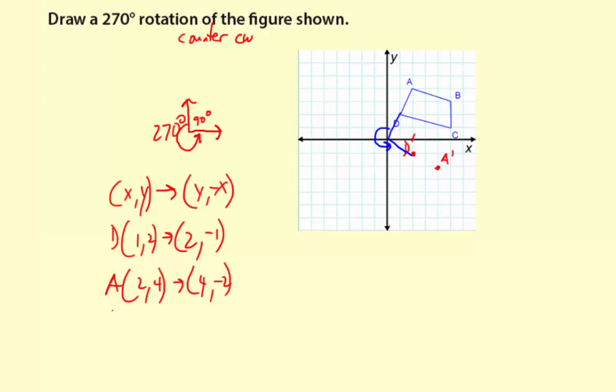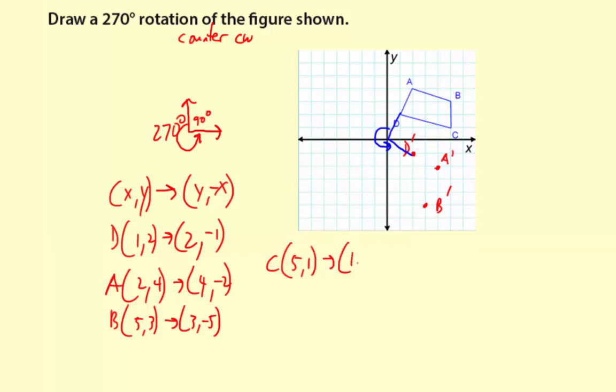Okay, next let's do B. That is at 5, 3, so that'll map to 3, -5. Let's plot that one: 3 and then -5, that'll be down here. And then finally point C. That one is at 5, 1.